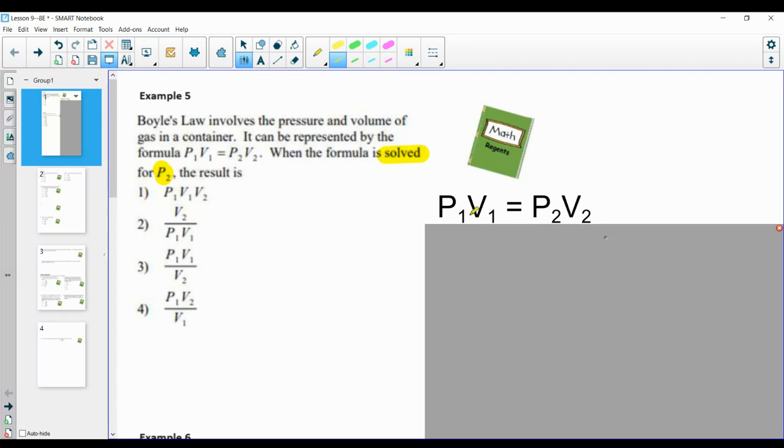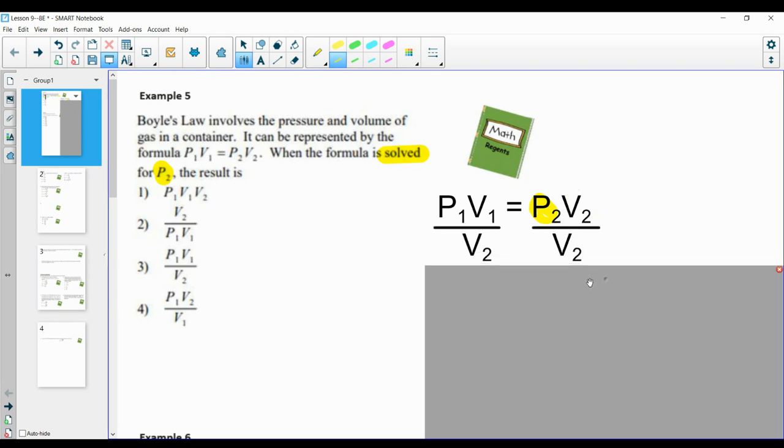So I write the equation over again, and I want to get the P sub 2 by itself, which means I need to get rid of the V sub 2. If these two are being multiplied, how would I get rid of multiplying by this? We would divide both sides.